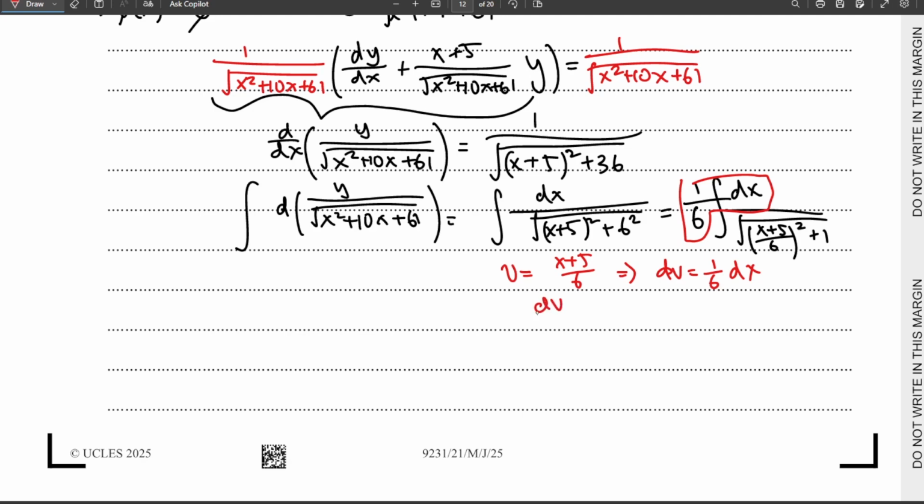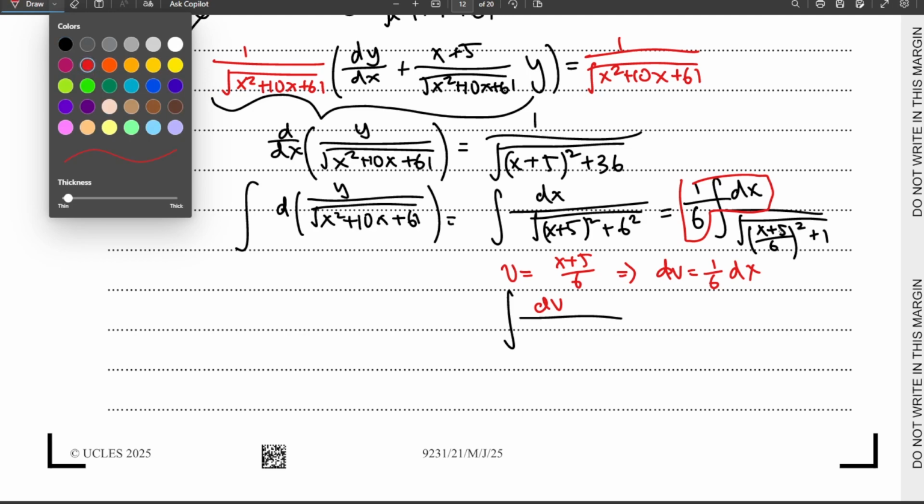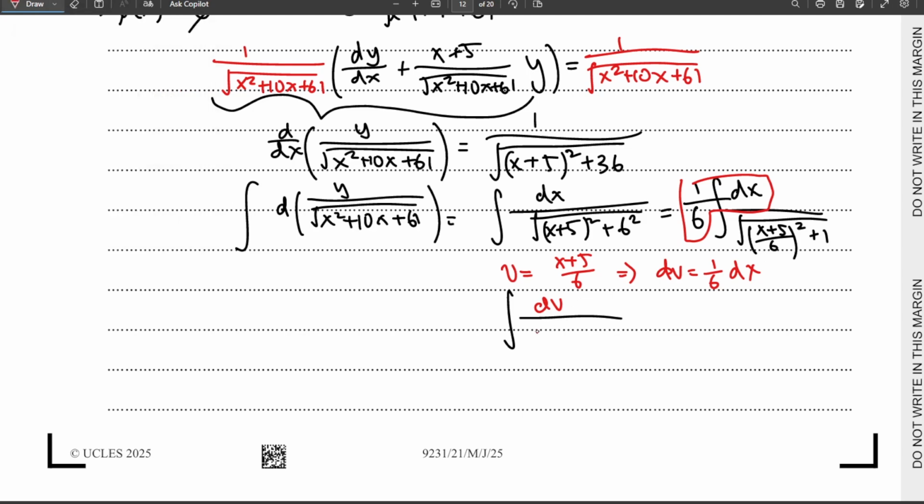So we have dv, and the integral over this expression, that's our v, so I'll write v squared, then we have a square root plus 1. So on the left hand side, the integral and the differential cancel out, and you'll just have y over our integrating factor again.